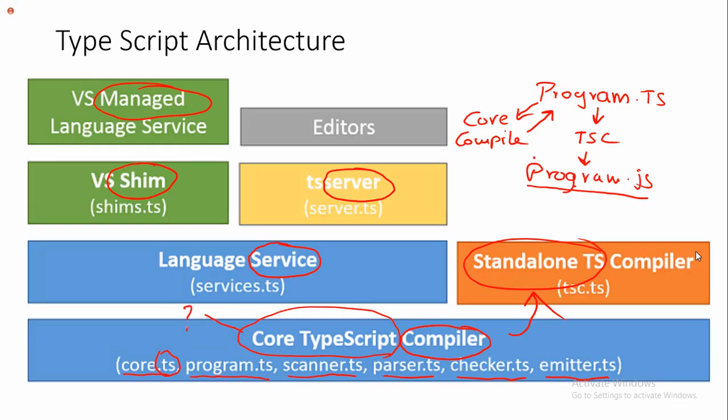Where is the repository for our language so that it can check from there? That is language service. That means language service provides all the repository that is needed for TypeScript in order to verify whether the code written is according to the rules, according to the standards of the TypeScript language.